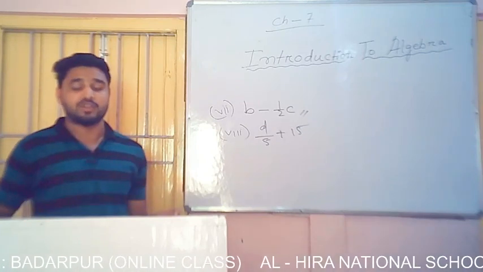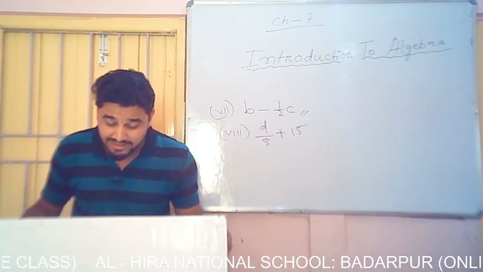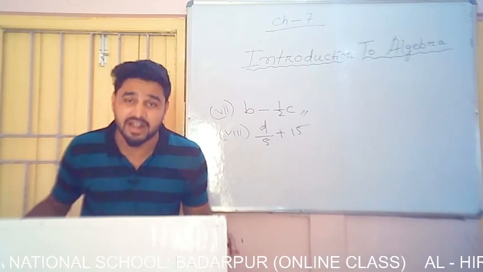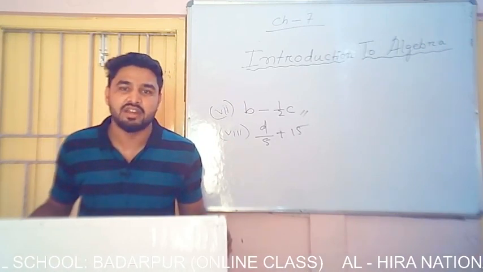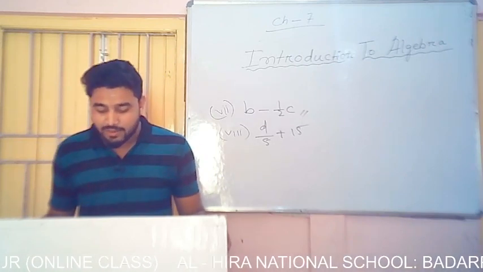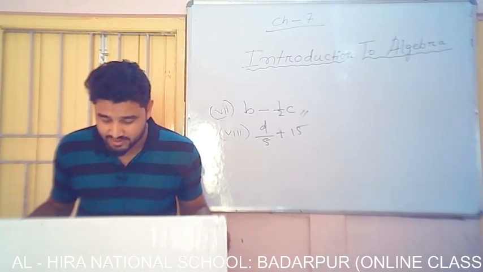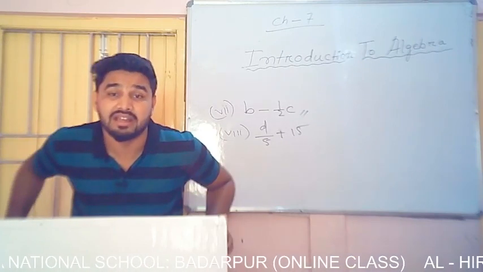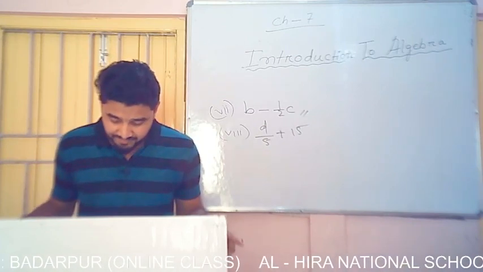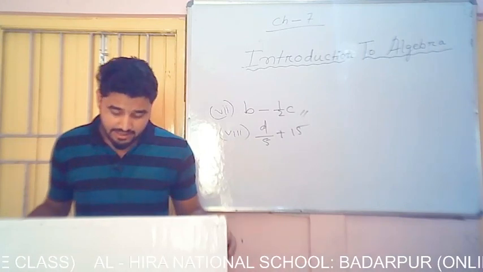You see, the first question is given. Raja is 10 years older than Ravi. That means the first part says that Raja's age has been compared to Ravi. Now if Ravi's age is x years, what is Raja's age? Now the age of Ravi has been given, that is x years. Then we have to find the age of Raja.